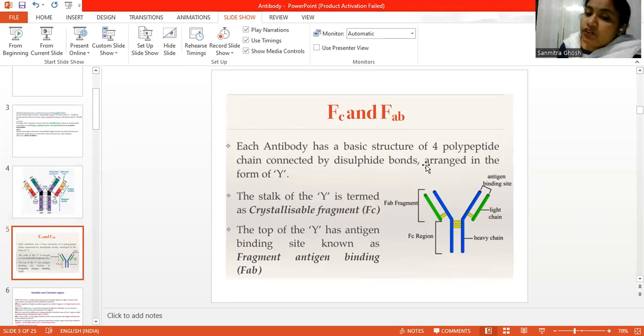It is the topmost two arms which have a role in antigen binding. These two arms are referred to as the Fab arms. This is one Fab arm, this is another Fab arm. Altogether, these two form the F(ab)2 complex. So here we have F(ab)2 and here we have the Fc region.